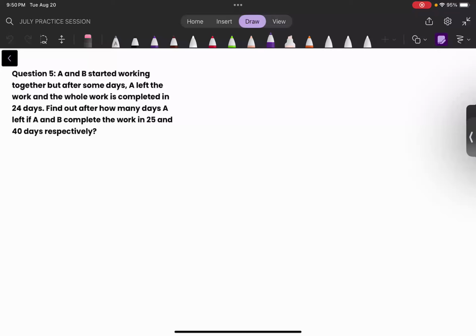A left after some time. The whole work is completed overall in 24 days. For a few days, A and B were working, and for a few days, only B was working. But total time taken is 24. Find out after how many days A left, if A and B complete the work in 25 and 40 days respectively.